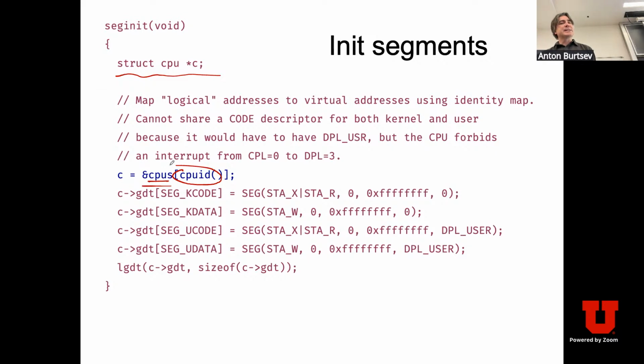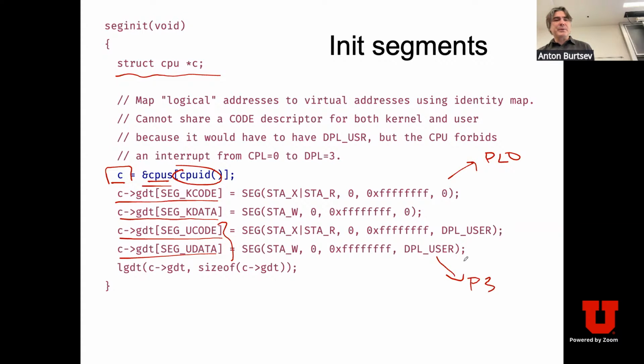Essentially it indexes into this array, gets the instance of the CPU data structure, and each CPU will have its own global descriptor table at this point. Again, it's the same global descriptor table, which maps the kernel code and data segments from 0 to max address with privilege level 0, and the user code and data is mapped with privilege level 3, right? And then this global descriptor table is loaded on this specific physical CPU.